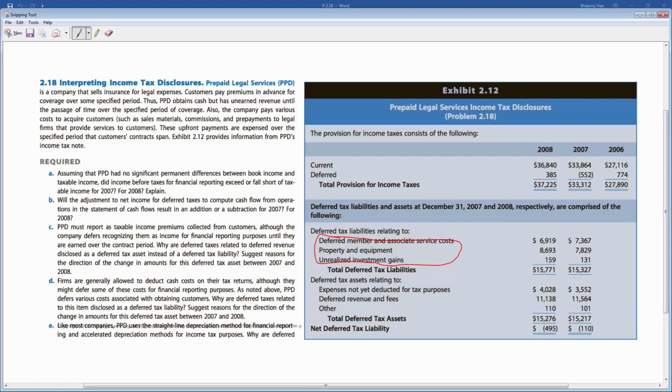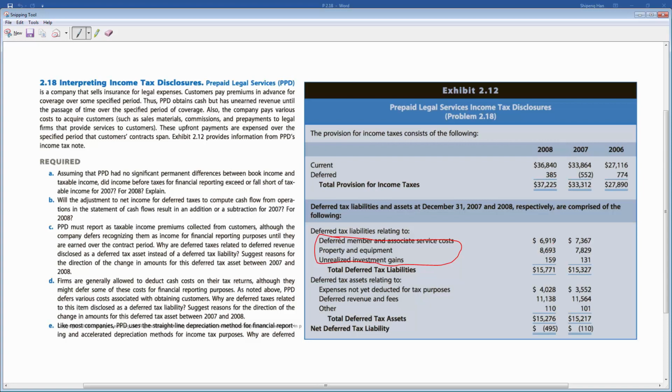This is also an amount. Because deferred tax liability is a permanent account, it can accumulate. The number here represents the balance of deferred tax liability accumulated since the company started preparing its financial statements.